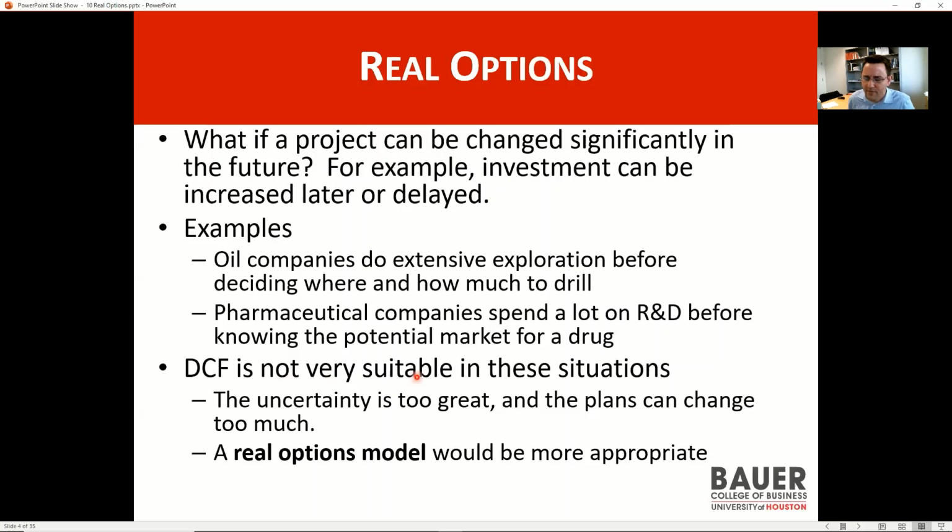So the DCF method is not very suitable in these situations. The uncertainty is too great, and you don't really have one fixed plan that you're going to stick to. You're going to change your plans depending on how the uncertainty is resolved. A real options model is going to be more appropriate, and it's going to account for that uncertainty and the flexibility that we want to build into the valuation model.